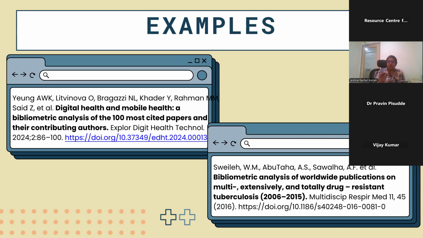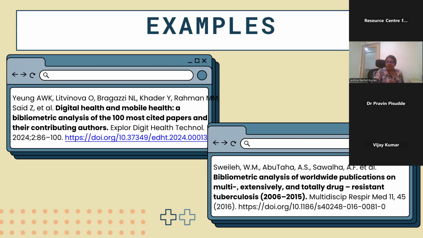In the methods, you're just going to say: to meet the aims given above, we are going to use citation analysis, co-authorship analysis, keyword co-occurrence analysis, etc., using VosViewer. So that is an introduction to the method. I hope I'm clear. Yeah. Okay.